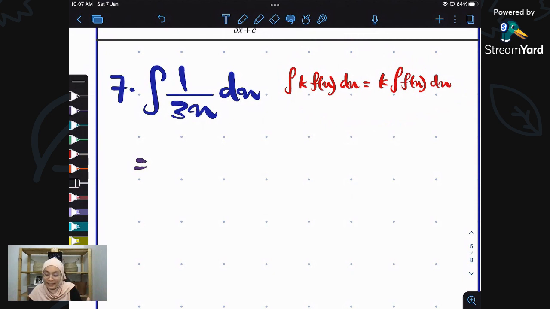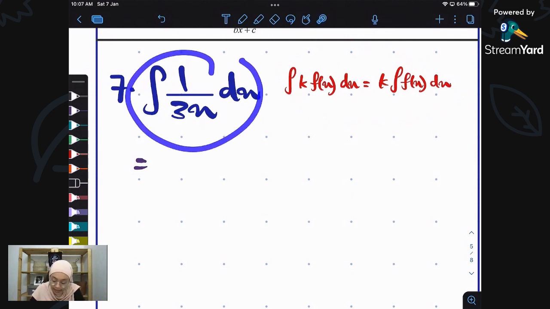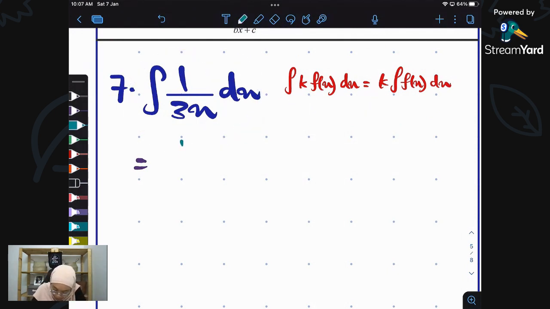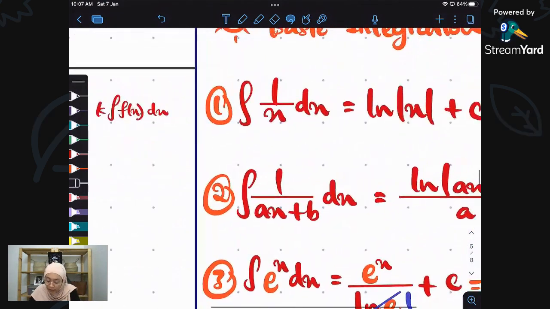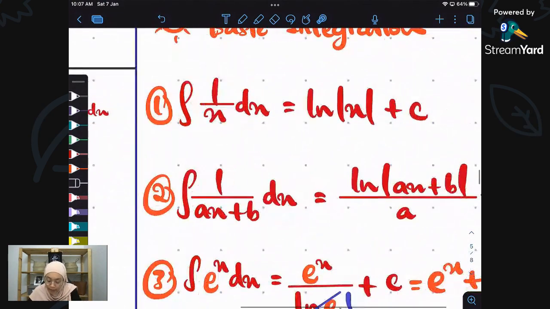Tak adalah simplify the question sangat-sangat. What I did here is just I want to bring the constant k outside of the integral first. So I bring the 1 over 3 outside of the integral. Jadi yang di dalam ni hanyalah tinggal 1 over x. So until I got this kind of form, barulah saya pergi ke formula saya, the basic integration rule.